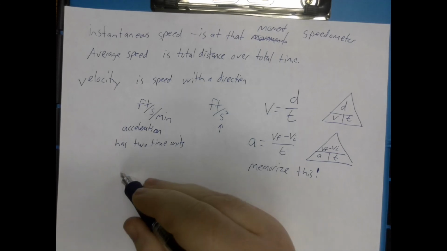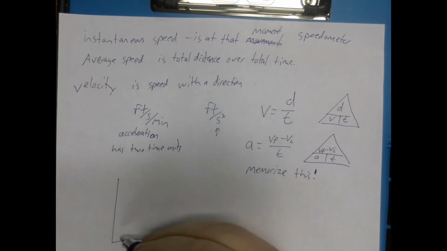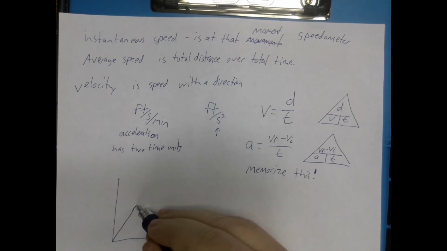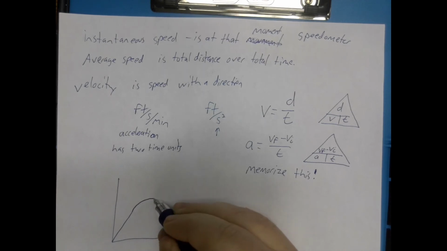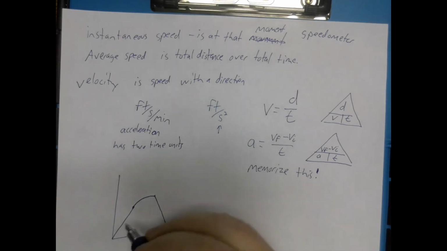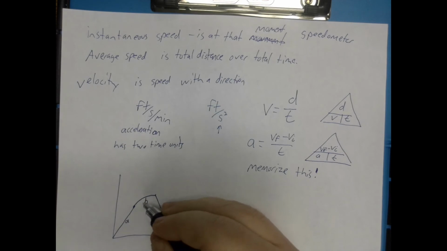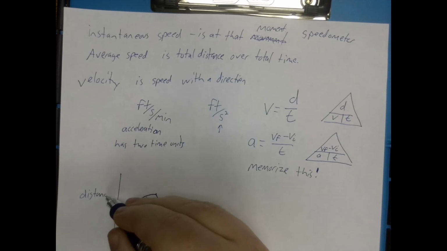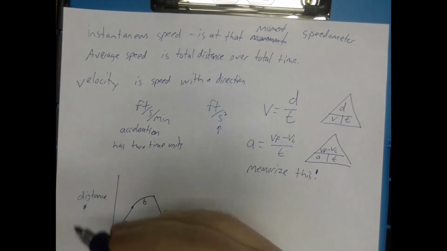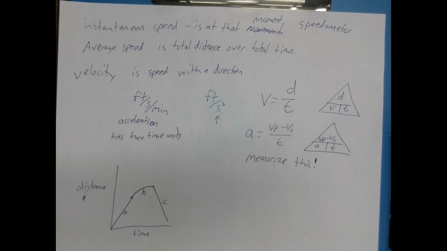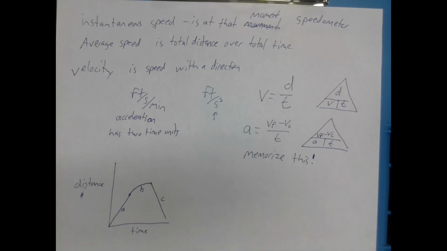For example, this was A, this was B, this is C, and this is distance, and this is time. Which segment would be acceleration?